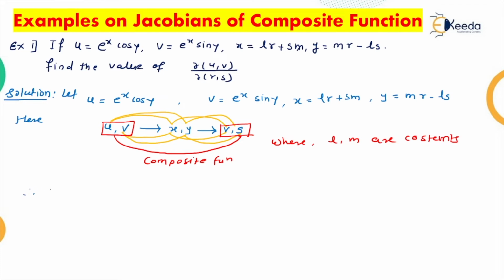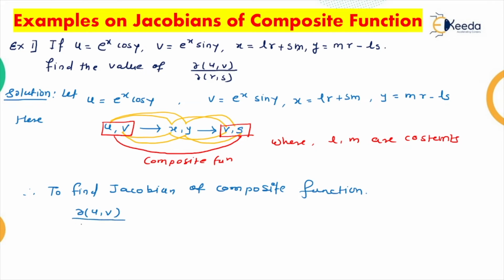So how will you find the Jacobian of uv with respect to rs?